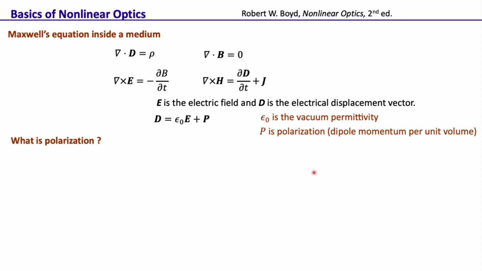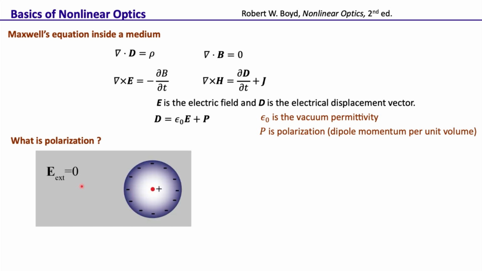So what is dipole moment and what is polarization? In an atom without an external electric field, the positive core of the atom and the center of the negatively charged electron cloud are pretty much at the same location. So there is no relative displacement between the center of the negatively charged electron cloud and the positively charged nucleus.